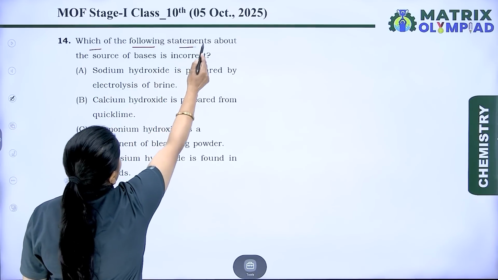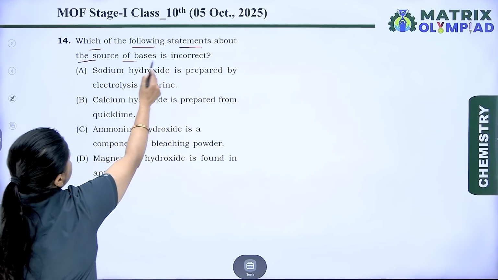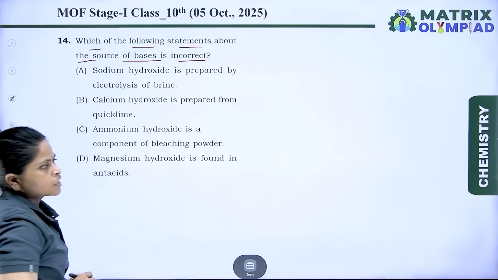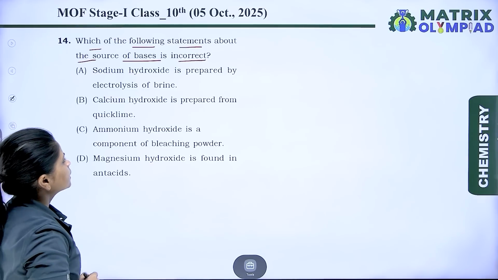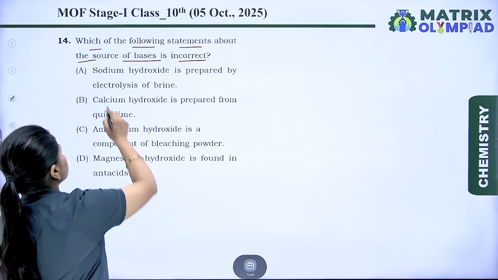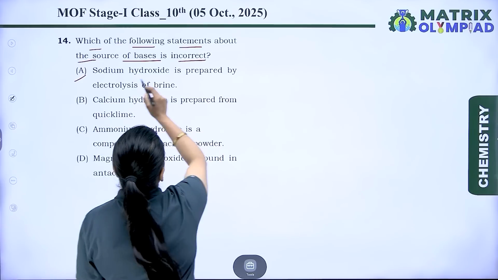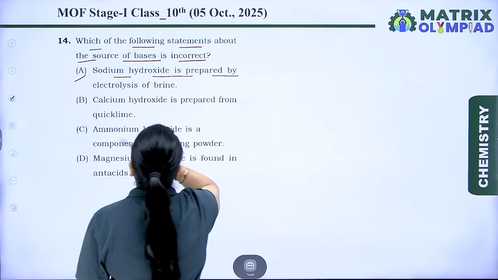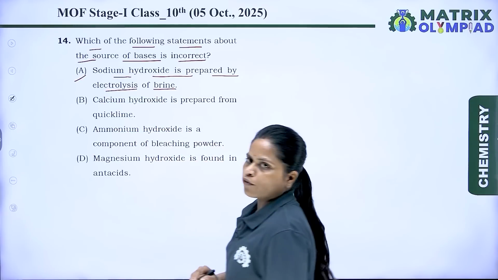Which of the following statements about the source of bases is incorrect? We have to find the incorrect source. Now take the first option, that is sodium hydroxide is prepared by electrolysis of brine.